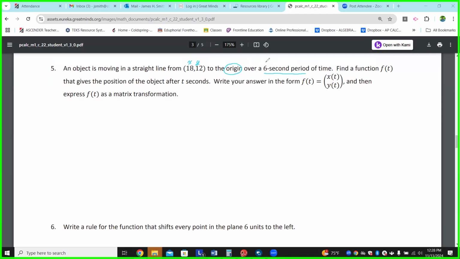It'd be a negative. So whatever this represents, it's going to have to represent it as a negative because I'm going backwards into the origin. Now, the only issue is you don't know what rate that is. So for our x of t function, I can calculate it by starting at 18, subtracting 6. I just don't know at what rate.